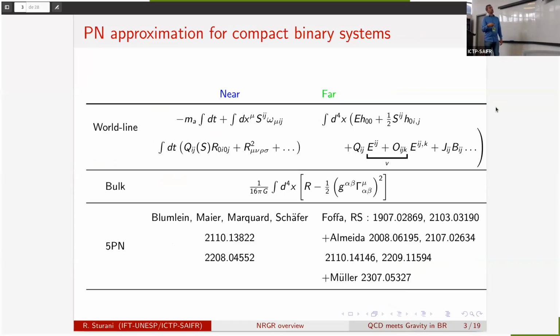Basically, here it's hidden. If you expand this worldline action, here is hidden the coupling to gravitational modes, which are longitudinal, and here is written the coupling to radiative modes, because H00 and H0I are not radiative, but the far zone really encodes the coupling to radiative modes. This is something natural, like in electromagnetism, you have the Coulomb interaction and you have photons.